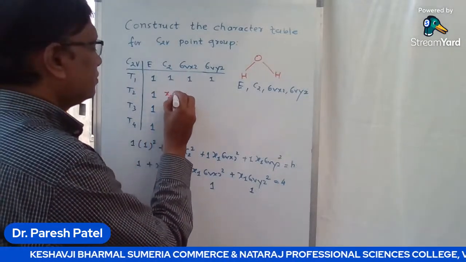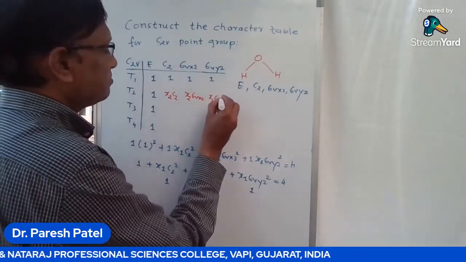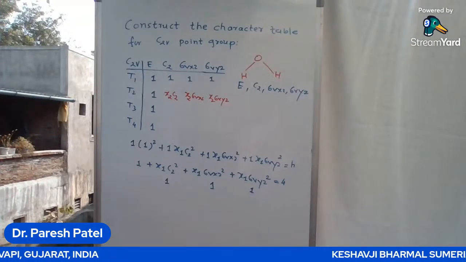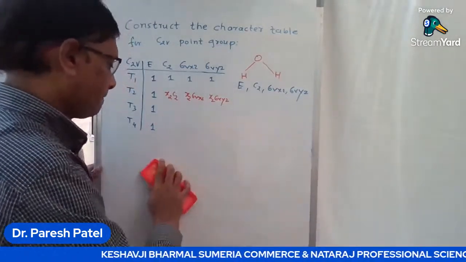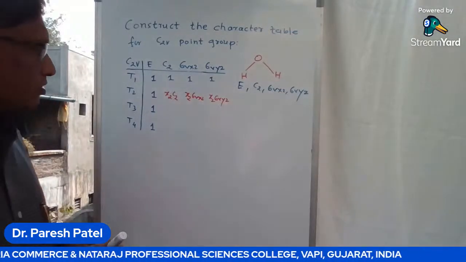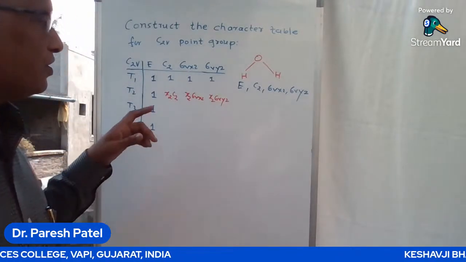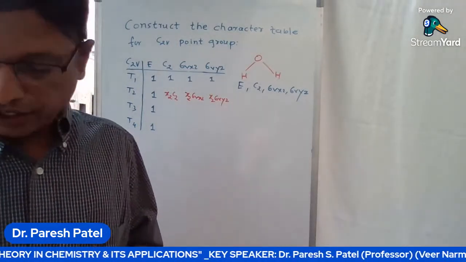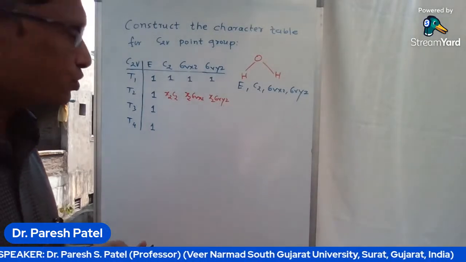To get the character for second one, suppose this is character 2 C2, character 2 sigma V xz, character 2 sigma V yz. For the second irreducible representations, we use the fourth characteristic: the characters of any two irreducible representations are orthogonal to each other.